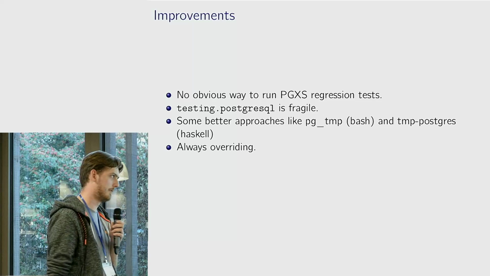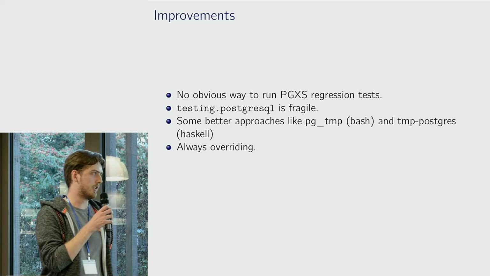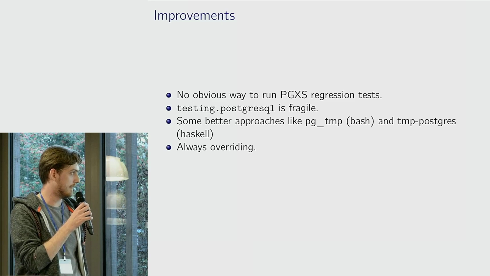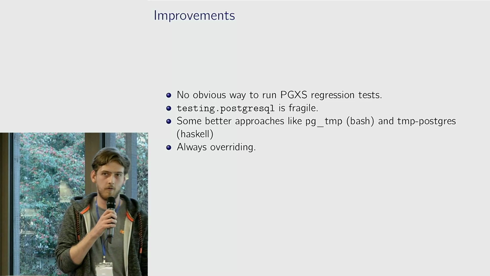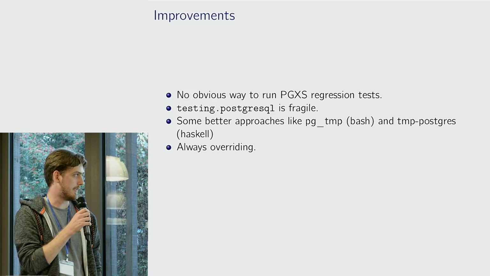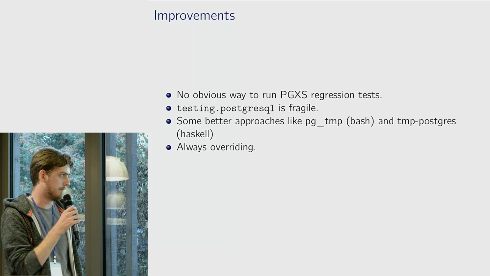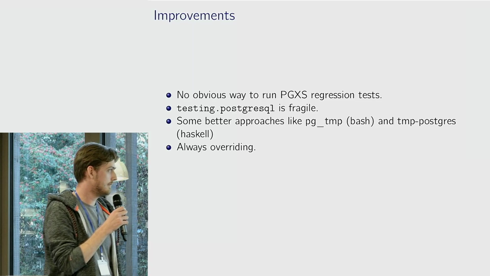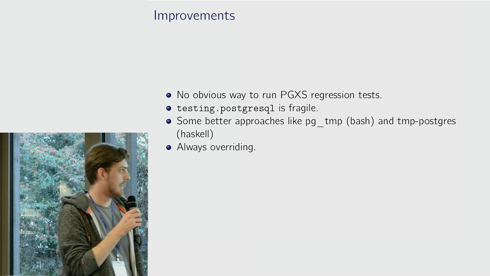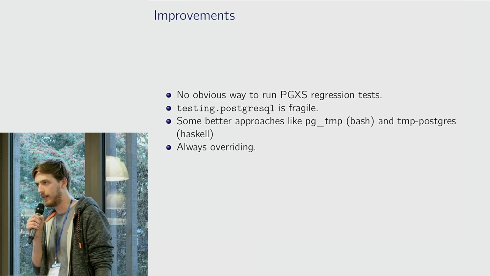There are a few problems with this. PGXS has regression tests, which are make, install, check phase, which require a running Postgres instance to actually test them. They're essentially just a script of expected SQL output and some commands. I haven't really thought of a good way to do that.